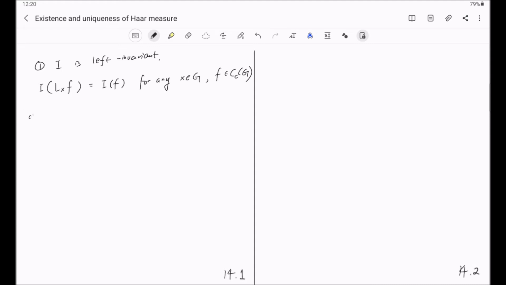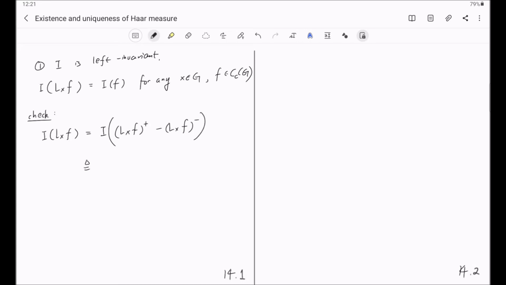So now let's check this. I of L sub x of f, by definition, let us first break this function down into its positive part minus its negative part.